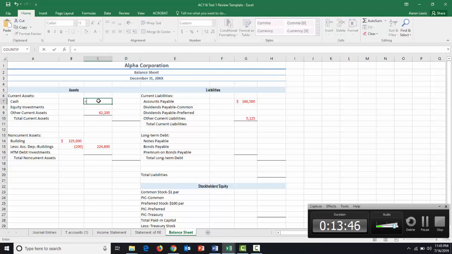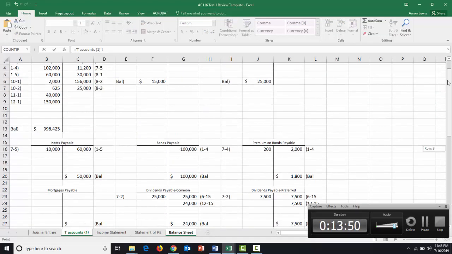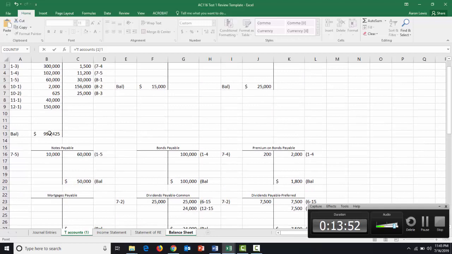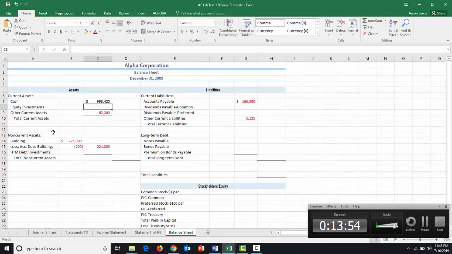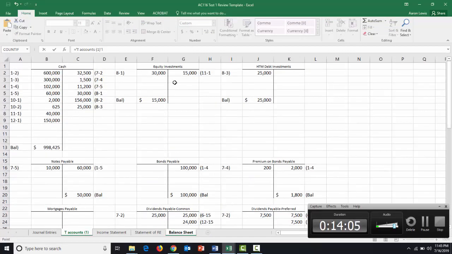Cash had a balance, if I scroll up, of $998,425. So we bring that on over into our T account. Next current asset is equity investment. So we hit equal, we go to our T accounts, we find the balance of equity investments, and that balance happens to be $15,000.